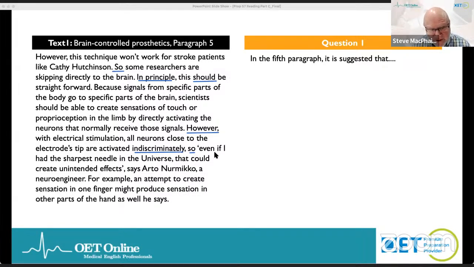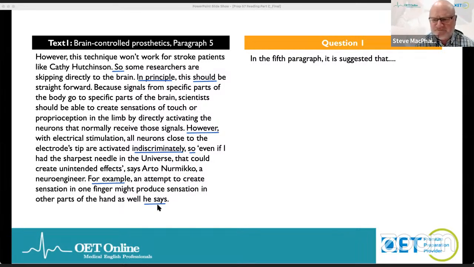So even if I had the sharpest needle in the universe, that could create unintended effects, says Arto Nomiko, a neuroengineer. For example, an attempt to create sensation in one finger might produce sensation in other parts of the hand as well, he says. This is what this person says.